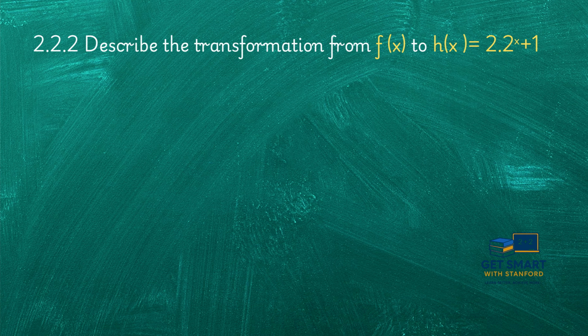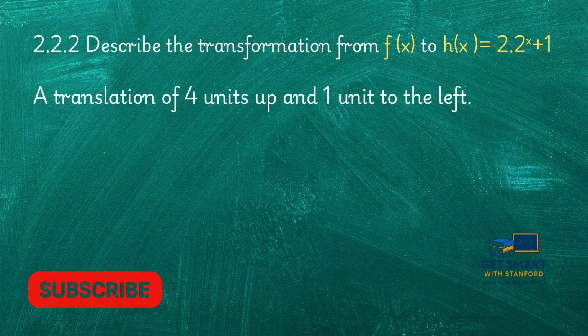In 2.2.2, they want to know the transformation that has occurred. Here we have the vertical stretch where the base of the exponent has changed from 2 to 2 multiplied by 2. The graph becomes steeper and increases rapidly, meaning it increases faster.